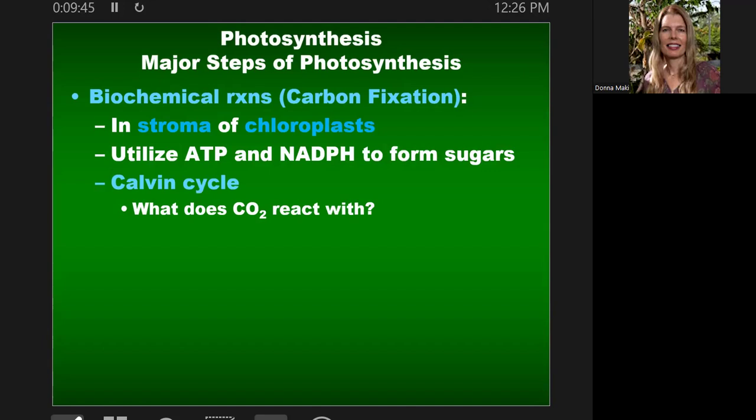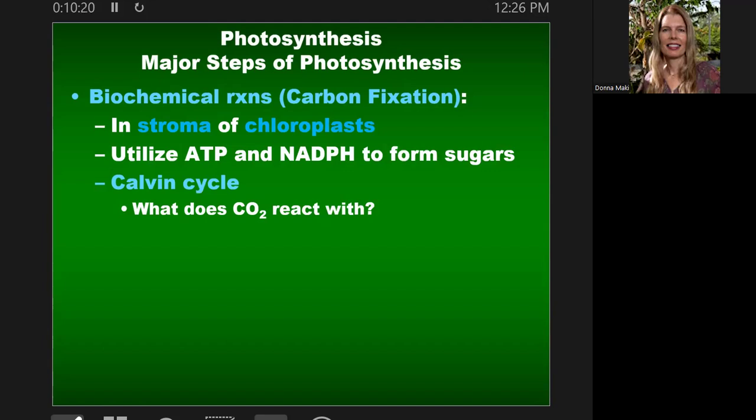They were picking apart this physiological pathway, and they knew that the first stable product was a three-carbon sugar. So they said, okay, we know the initial product is a 3-carbon molecule, and CO2 has one carbon, so we have to hunt for a 2-carbon molecule. They hunted and hunted for a 2-carbon molecule that CO2 could react with, and did a lot of work.